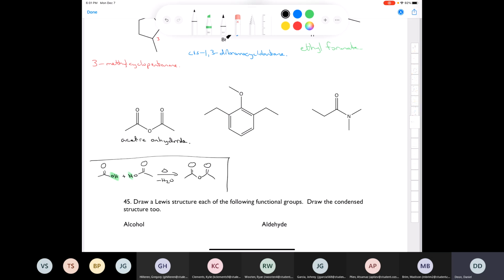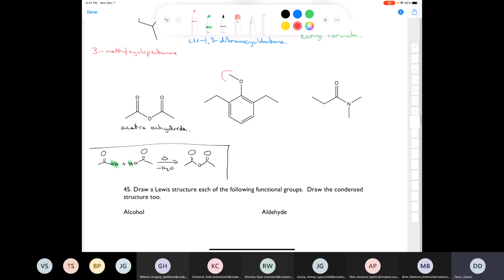Hey, there's some chestnuts in here. Does anybody recognize this compound here? If I circle it in red, could anybody tell me what the common name of this is? One of those compounds that you did have to memorize the common name. Anyone? No?